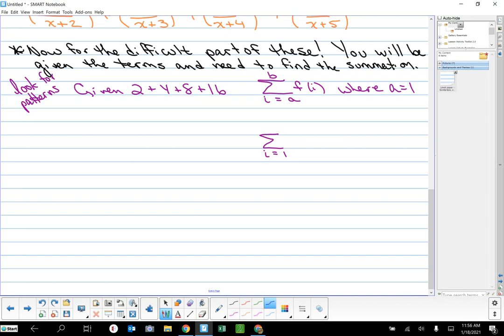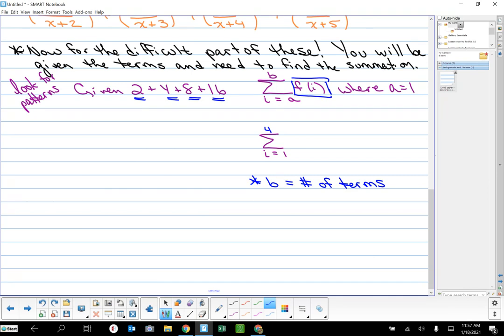B is the number of terms. And here you have 1, 2, 3, 4, so there are 4 terms, so you're going to 4. That's pretty straightforward. Now, the hard part is finding what this is going to be.